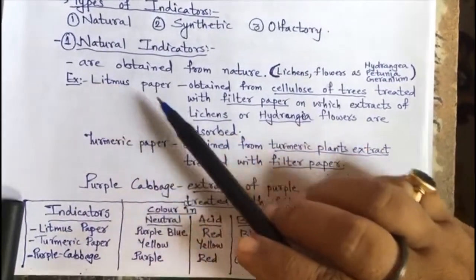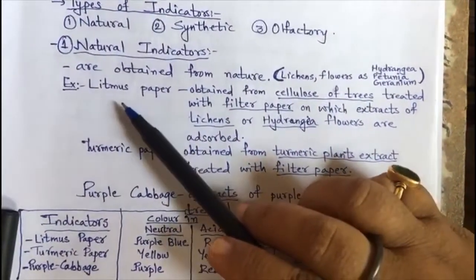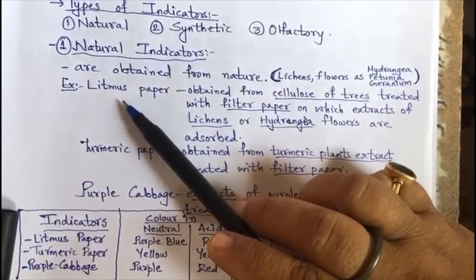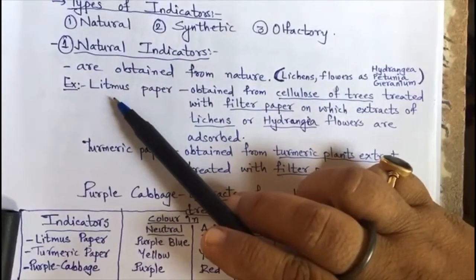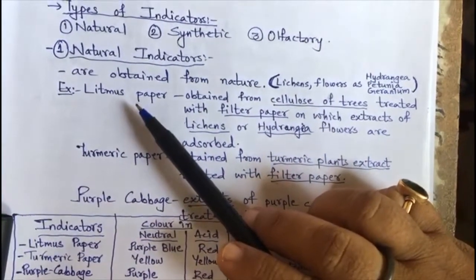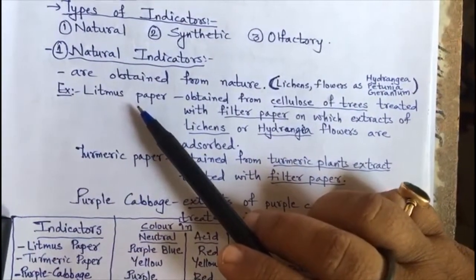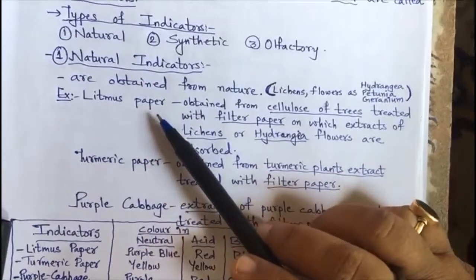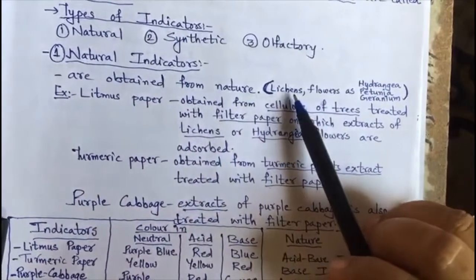The first is litmus paper. Actually, the word is litmus. Lit, which means to dye, is a Latin word, and moss, that means the lichen. A type of green plant which appears like algae, that is moss, which is termed as lichens.